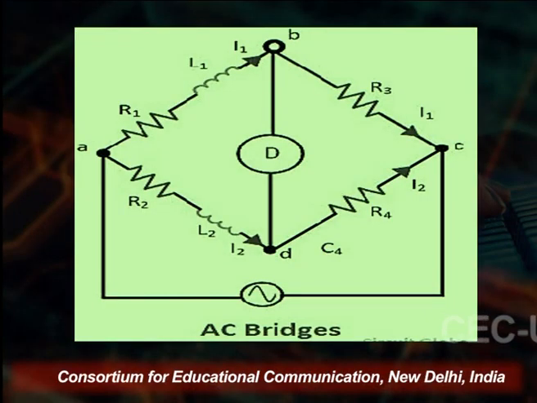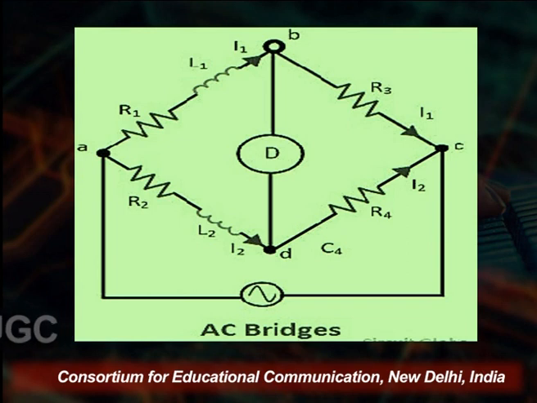The AC bridge is used for measuring impedance, capacitance, storage factor and dissipation factor. So the AC bridge uses the AC source to get the deflection or detection of inductance, capacitance, storage factor and dissipation factor. Now you see this is the AC bridge.